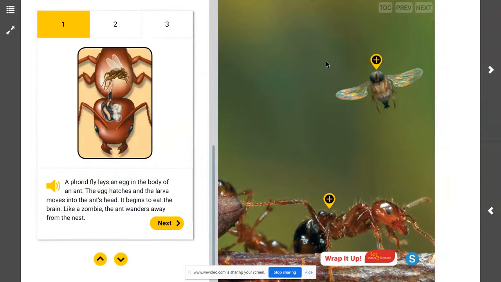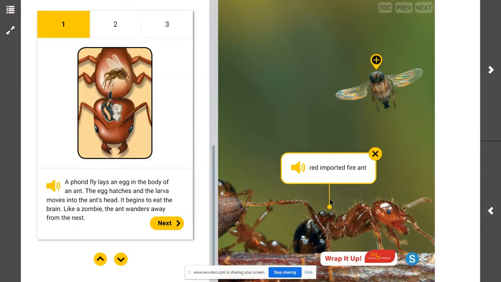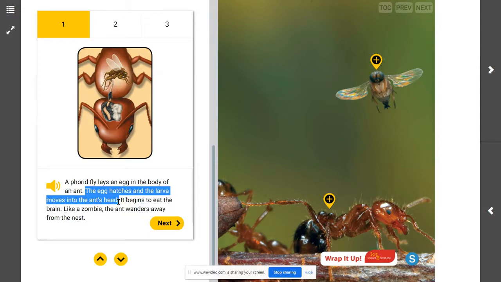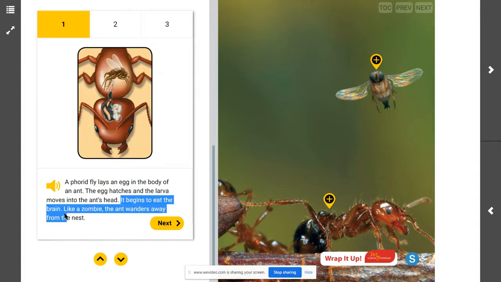So we bring in these phorid flies, right? And we have these red imported fire ants. We bring in the phorid flies, we have the fire ants. This is what happens. A phorid fly lays an egg in the body of the ant. The egg hatches and the larva moves into the ant's head. It begins to eat away the brain.